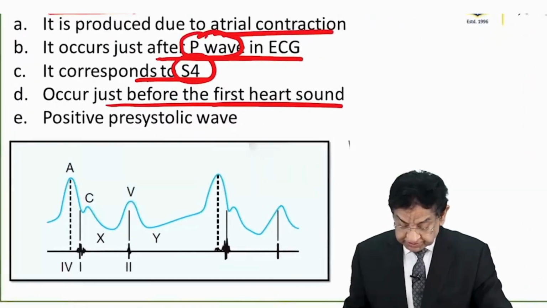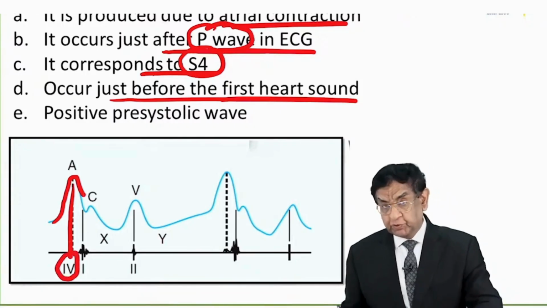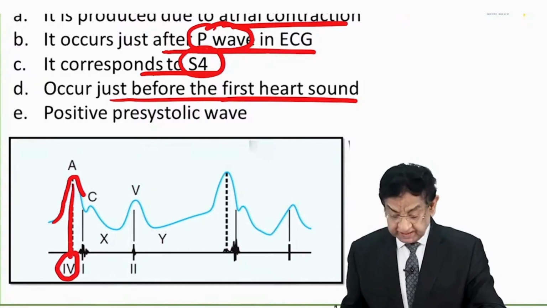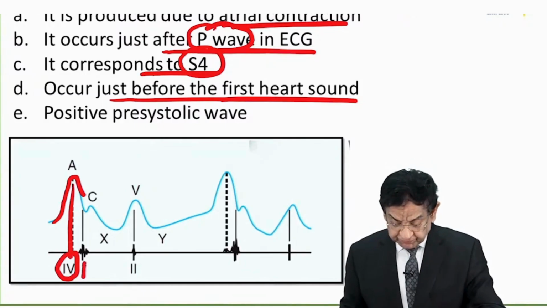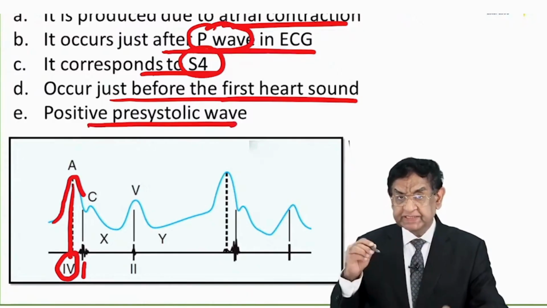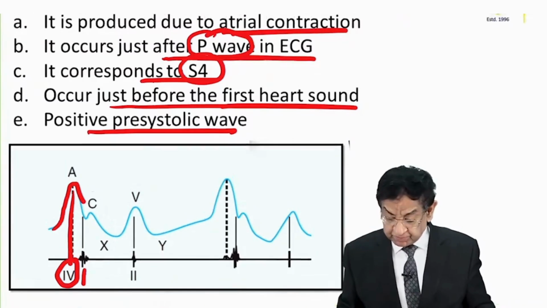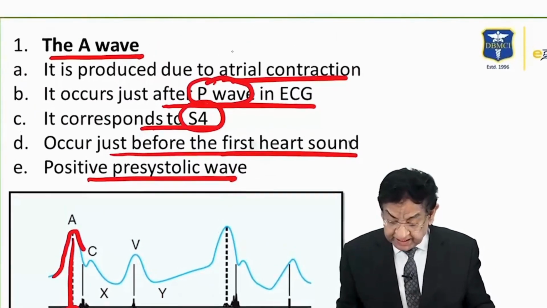S4 occurs just before the first sound. So it is a positive pre-systolic wave because it occurs before the systole, near the end of diastole.